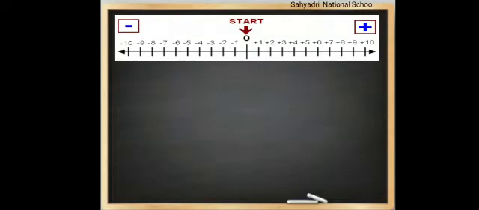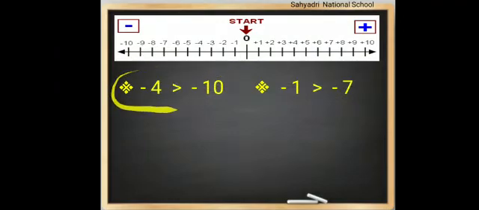Here is the number line. We know that right side are all positive integers, left side are all negative integers. Let us see the example. Here we have to compare negative 4 and negative 10. Let us find out the location of these two integers on the number line.